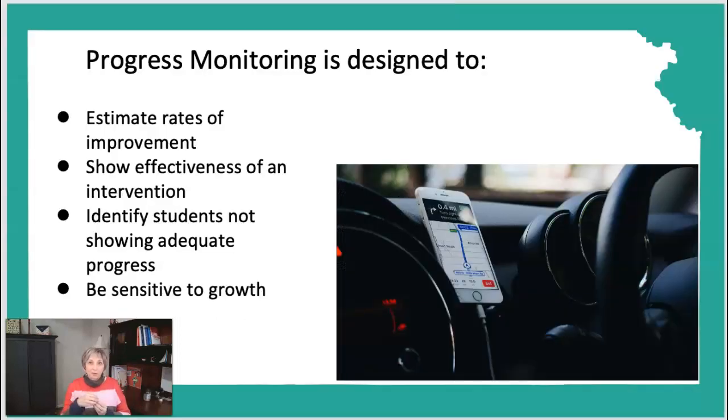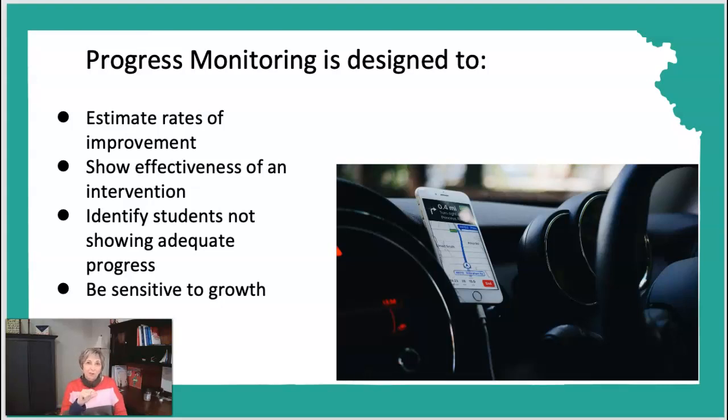So progress monitoring really should work sort of like a GPS on your phone. It should be able to tell me if a student is making progress, if they're making enough progress, and in some cases, it may need to help me reroute my instruction. A really strong progress monitoring tool will actually help me look at the effectiveness of the intervention that I'm giving students and estimate where they're going to be in the future if we continue to progress the way we seem to be progressing.